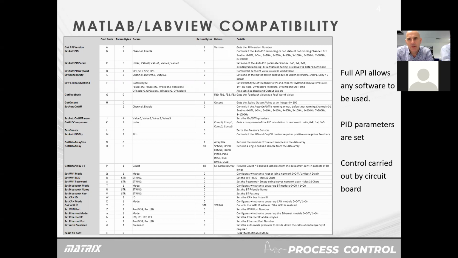There is a full API, which is Application Programming Interface. So you can use these products with any programming language you like. You can use it with any computer you like. You can use it with your mobile phone, your Raspberry Pi, whatever you want. And this is an increasing feature of Matrix products. We are seeing that it is now very difficult to predict exactly what customers want in terms of the computer and software that they want to use.